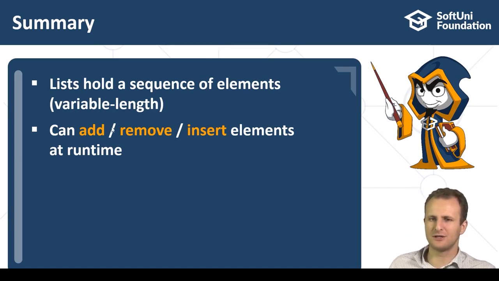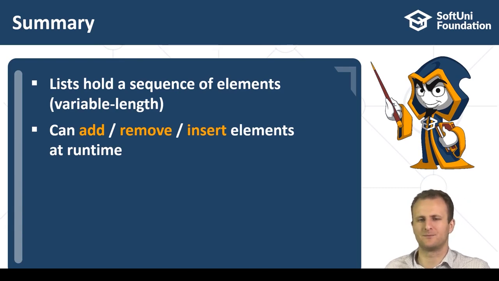There are very few situations in which you'd prefer arrays. The reason you'd prefer arrays is because they are slightly faster and slightly less memory intensive than lists. So if you know the exact number of items in your input, and you know that you won't be needing to remove items or add new items, then you can use an array. But in all other cases, you'd probably be best off using a list.